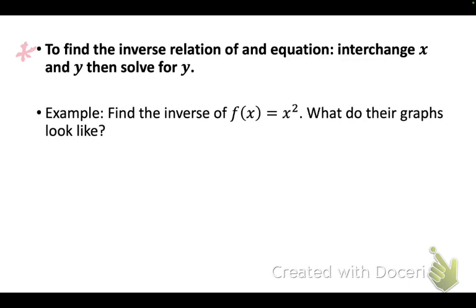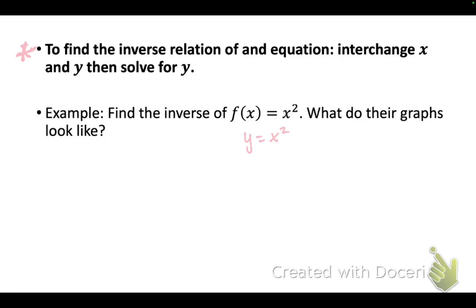And it has one. Okay, so on there, I have find the inverse of f of x equals x squared. There's no y. Or is there a y? Isn't f of x the same as y? Okay, so this is y equals x squared. Yes? So it says, do what?